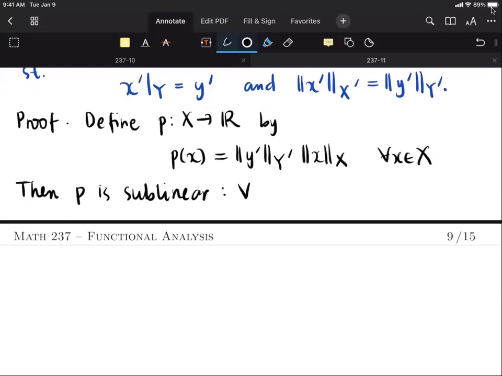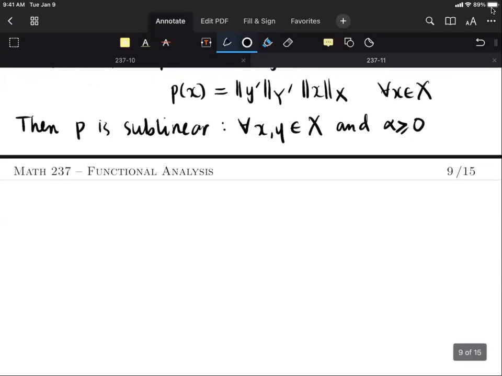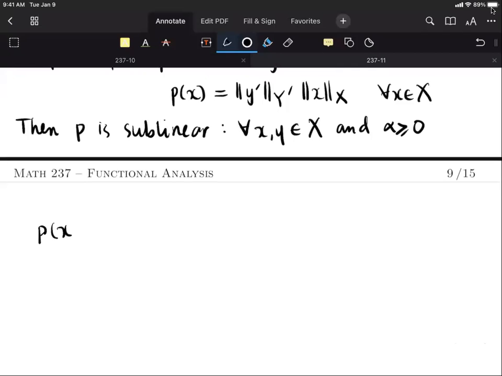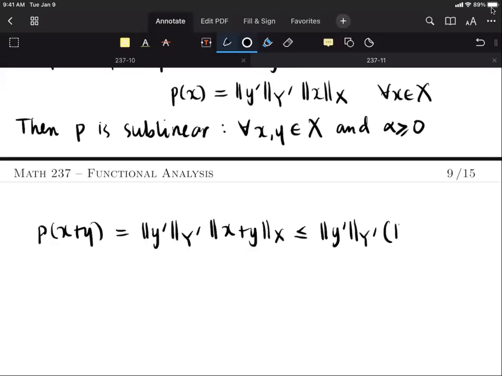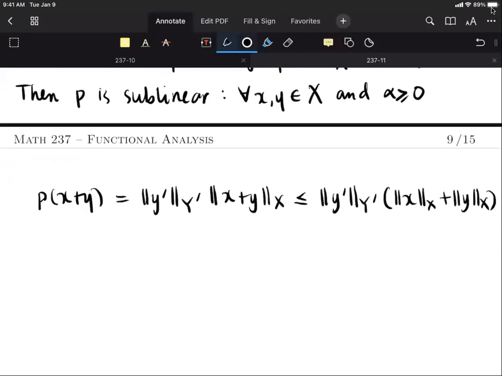So indeed, for any, let's say, x, y in capital X, and for any non-negative scalar alpha, P of x plus y, by definition, is equal to the following product of norms, and then you just simply apply the triangle inequality, and after distributing the norm of y prime, you get P of x plus P of y.